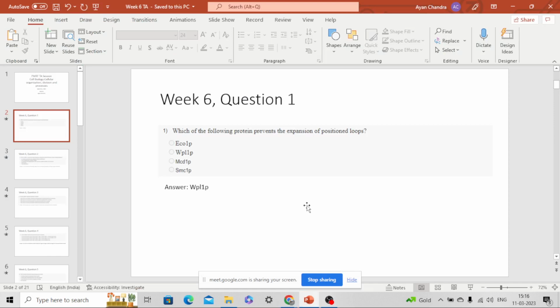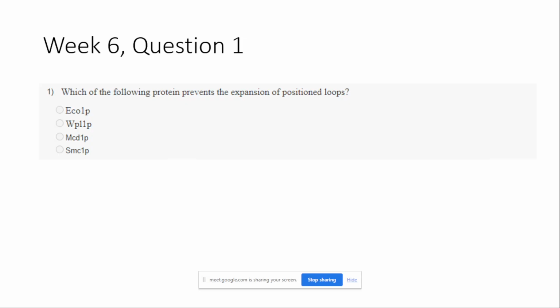Okay, so let's come to the first question: which of the following proteins prevents the expansion of the positioned loop in cohesin? If there is expansion of the positioned loop of cohesin, it means the cohesin can entrap the chromosome, right?